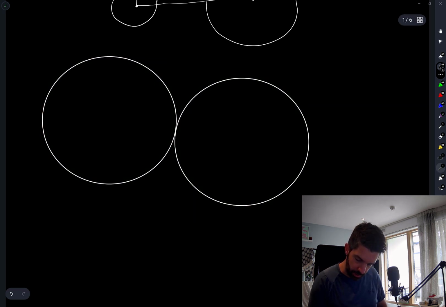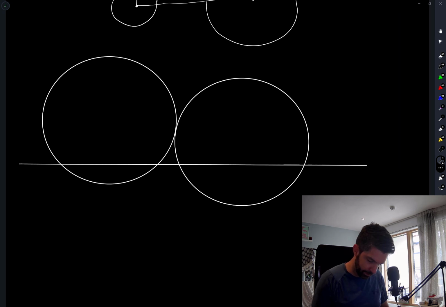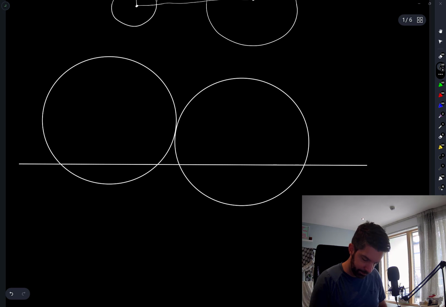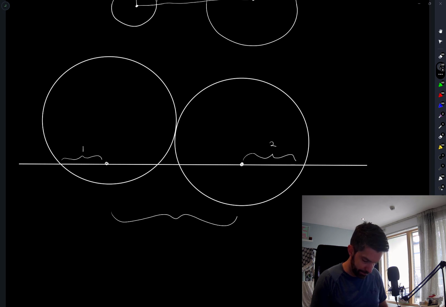Okay, and now if I draw a straight line that represents the board itself, something like that. So that's a distance of 1. That's a distance of 2. The distance between them is 7. And each of these has the same radius, which we'll call capital R.